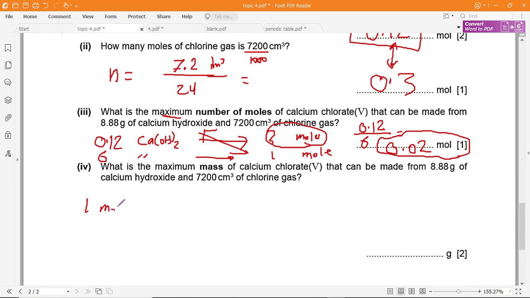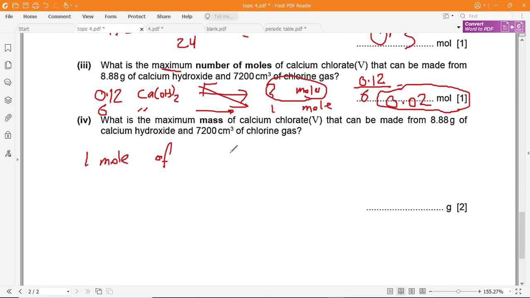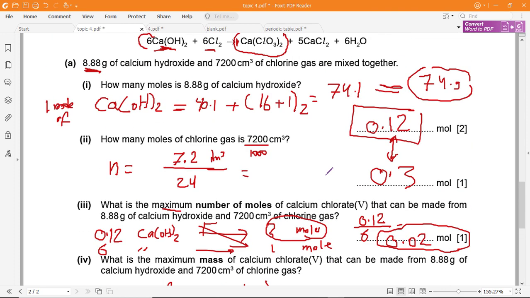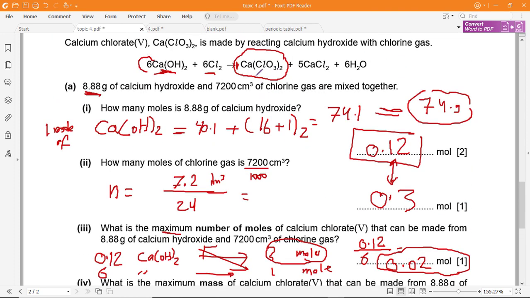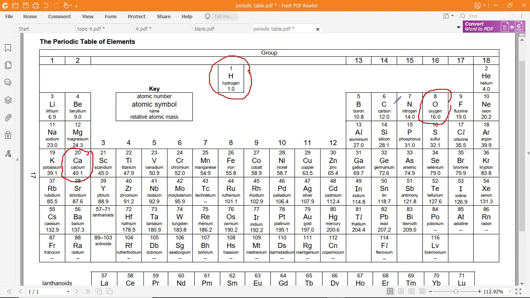So 1 mole of calcium chlorate, this one, guys, here, Ca(ClO3)2. So you can copy the formula. Ca, here is Cl O3 twice, equals. Of course, you don't need to memorize the formula. You copy it directly from the equation now. And then we need to go to the periodic table again. So this is calcium, this is oxygen, and we also need chlorine now.